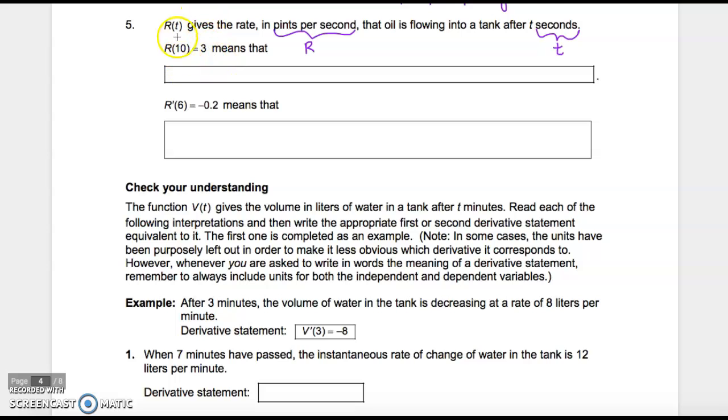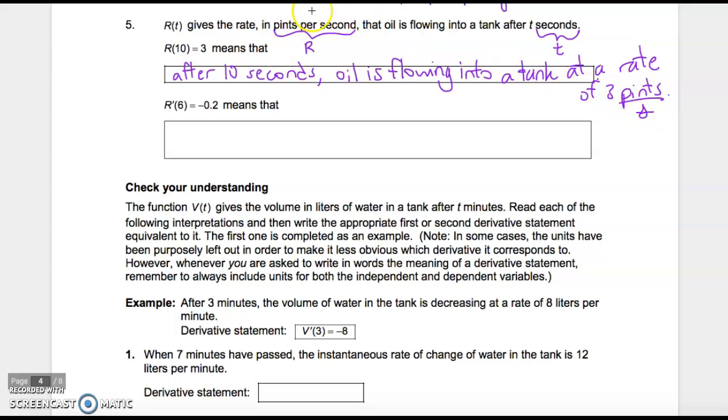Okay, so R of 10 equals 3 means that after 10 seconds, oil is flowing into a tank at a rate of 3 pints per second.